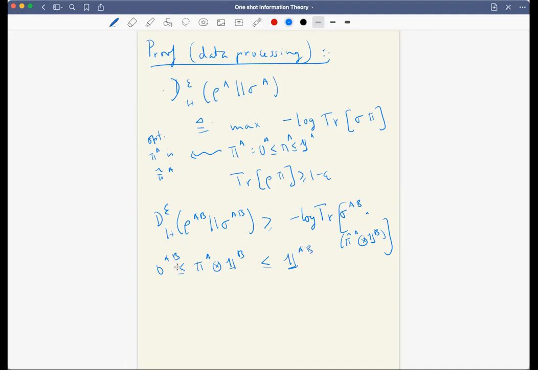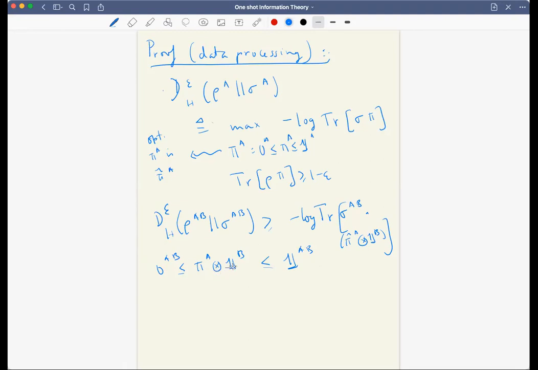For example, you can see what its eigenvalues are in this tensor basis. The eigenvalues in the tensor basis are the products of the eigenvalues of pi and identity. The eigenvalues of pi are all between 0 and 1 because of this operator inequality, and multiplying by the eigenvalues of identity on B is just multiplying by 1.